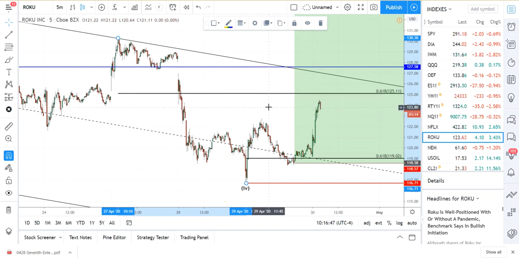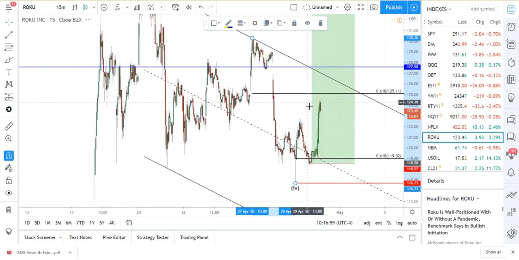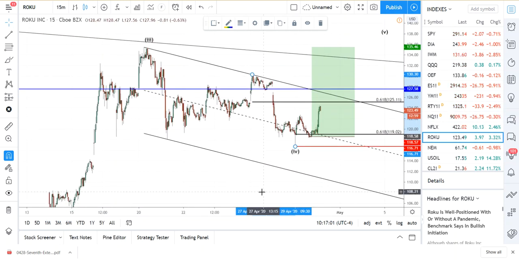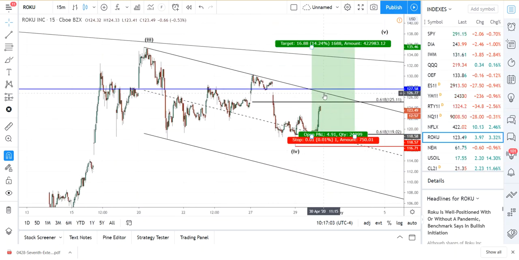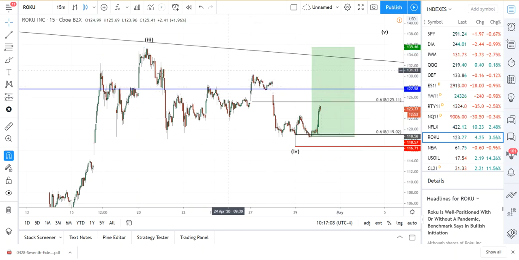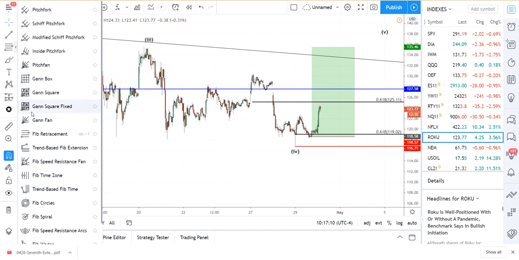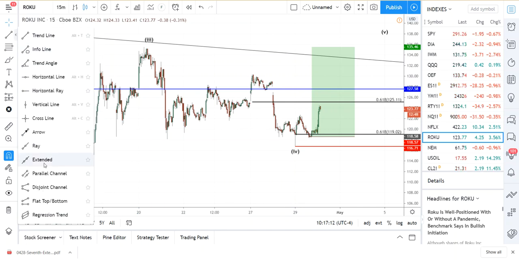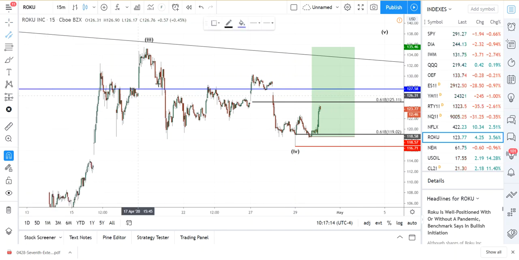So the question is, is this resistance? Is this its stopping point? Or I also see a gap here right at my resistance line. You know, are we going to stop here? Are we going to stop here? Or are we going to stop at the upper line of this trend line of this parallel channel?